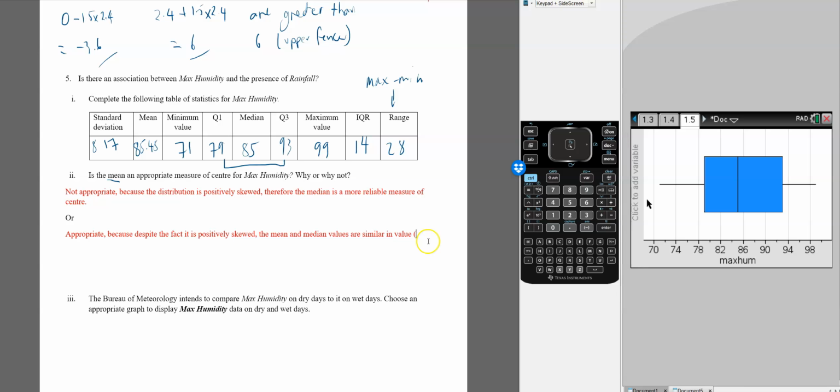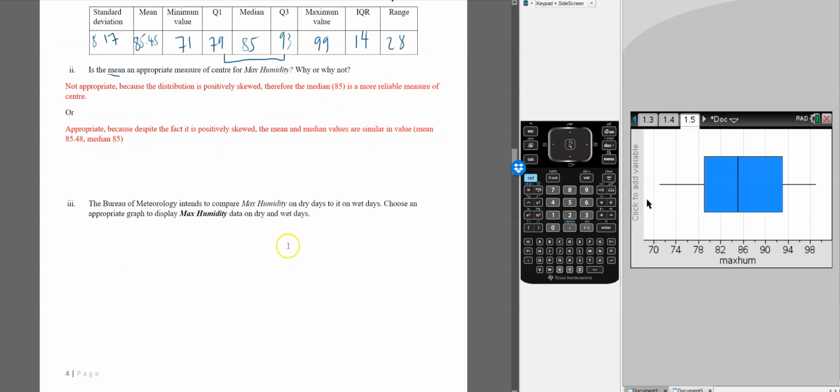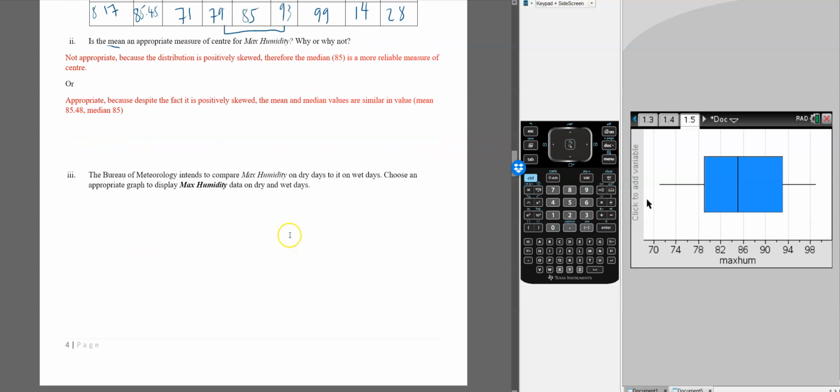Okay, you would say mean is 85.48. Median is 85. And I'd also make sure that you always state the actual number whenever you quote the median or the mean in this case. All right, let's keep going.